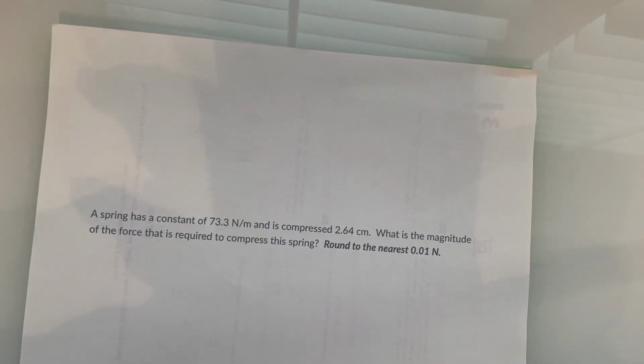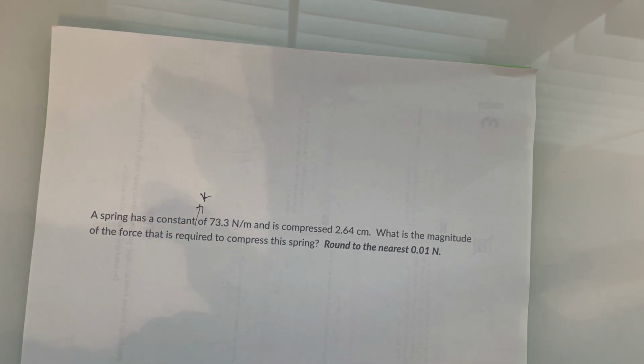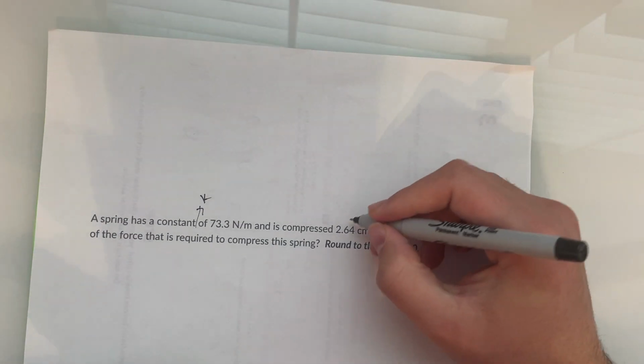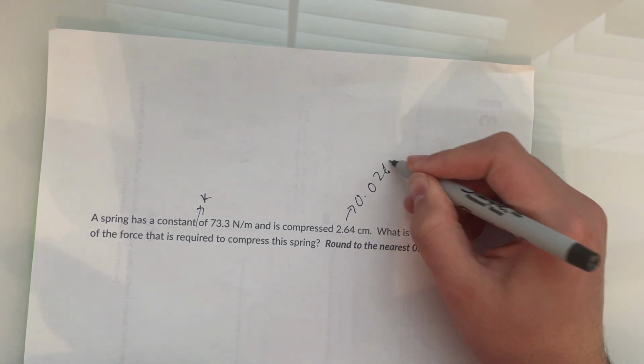Now going on to the third question. The second question is a multiple choice problem, so it should be pretty easy for you guys. This is the third problem. It states that a spring has a constant k of 73.3 newtons per meter, and is compressed to 2.64 centimeters, which is basically equal to 0.0264 meters.